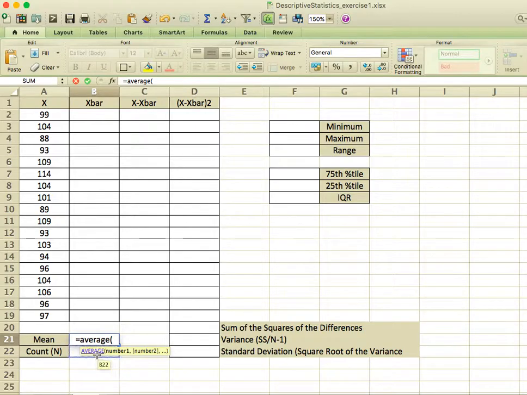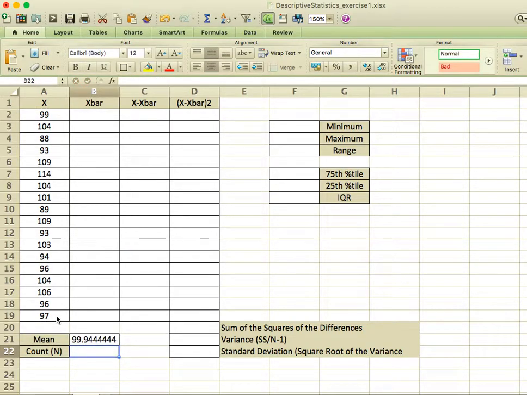It wants me to fill in the numbers that are represented by that average, or at least the cells of those numbers. So I can either type in A2 through A19, or I can just click in and drag down, and it fills it in for me. And then put a close parenthesis and hit enter.